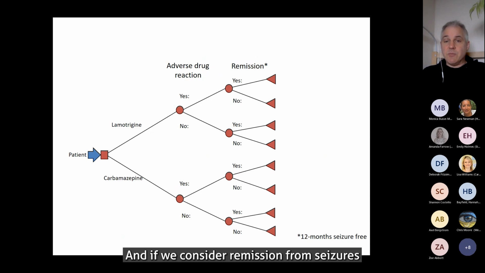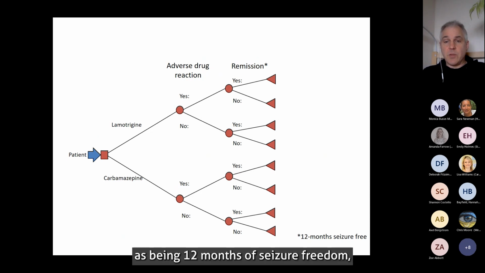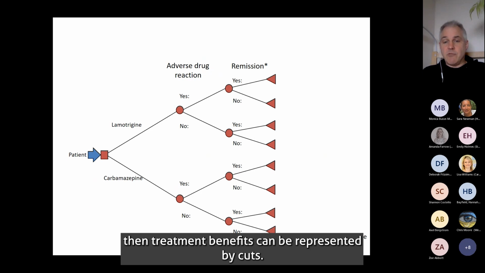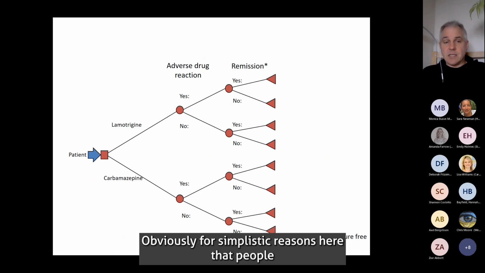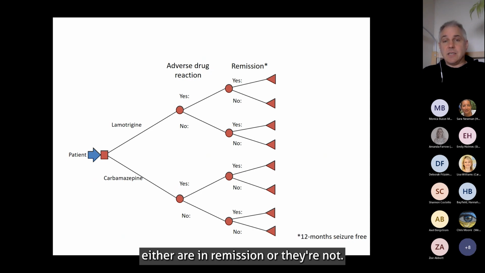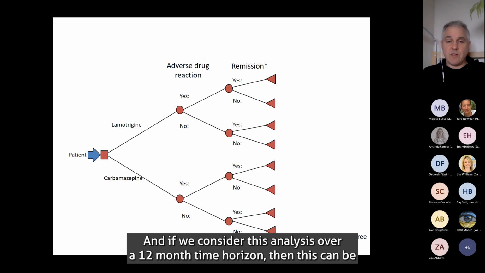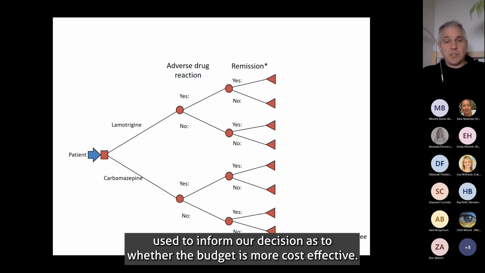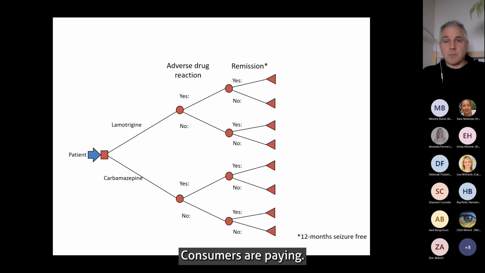If we consider remission from seizures as being 12 months of seizure freedom, then treatment benefit can be represented dichotomously, for simplistic reasons here, so that people either are in remission or they're not. And if we consider this analysis over a 12-month time horizon, then this can be used to inform our decision as to whether lamotrigine is more cost-effective than carbamazepine.